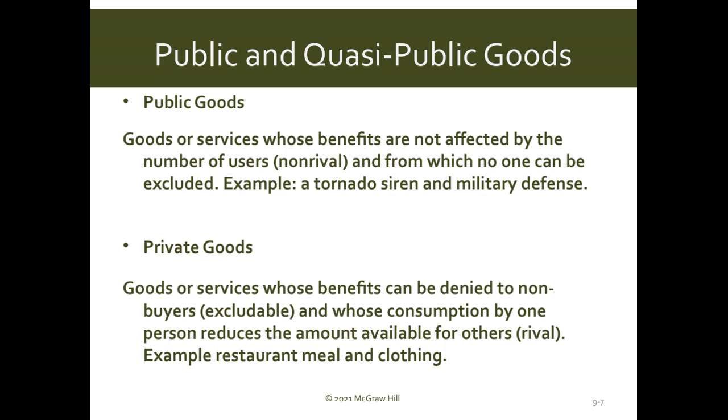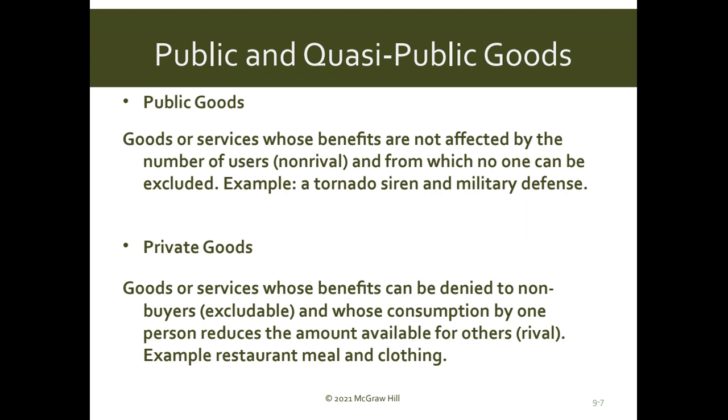The exact opposite are private goods. By private goods, I mean those goods that are rival in consumption. So, for example, if I am eating a burger, that burger will not be eaten by anyone else because I've already eaten that burger. So that is rivalry.